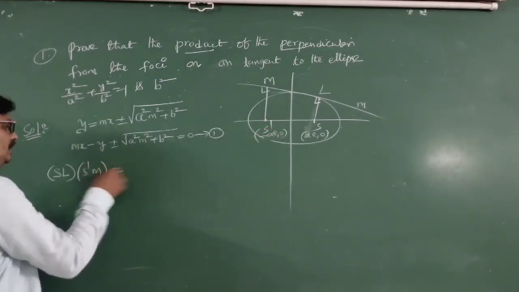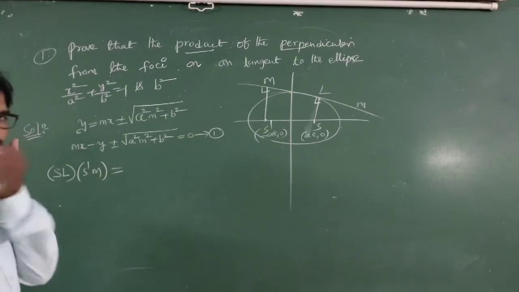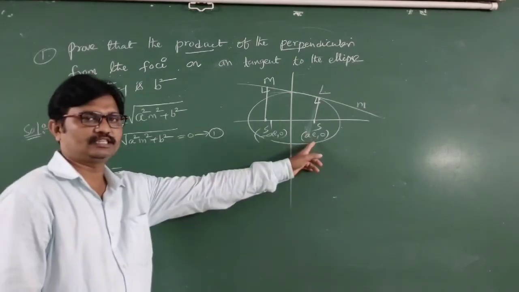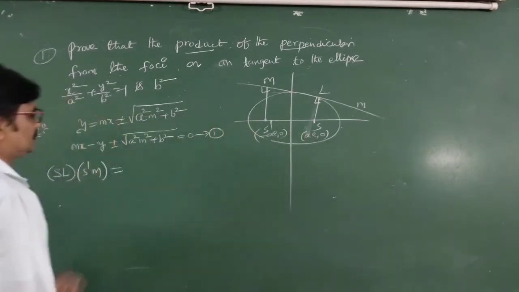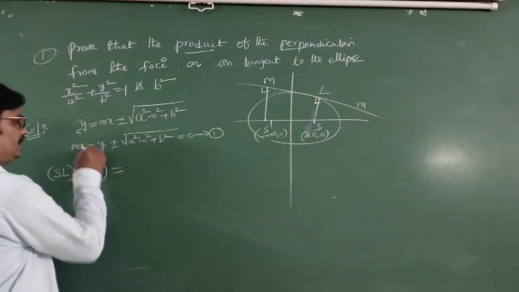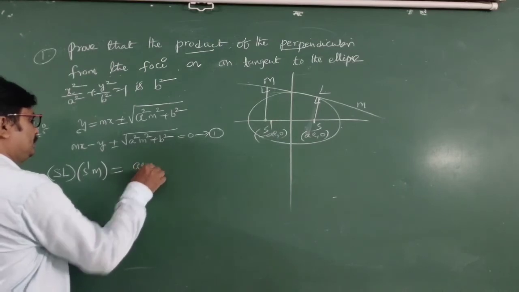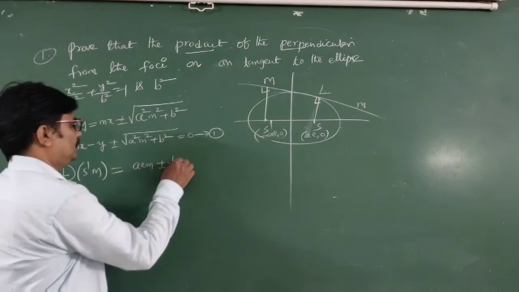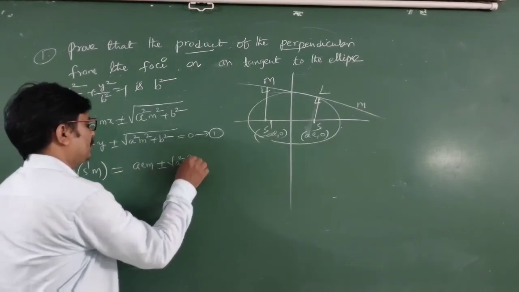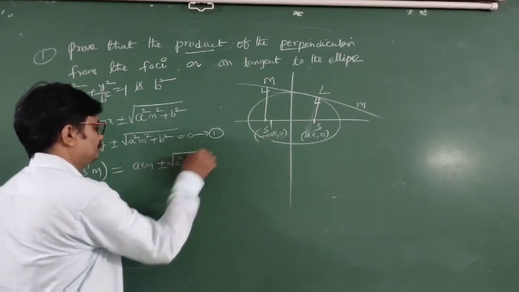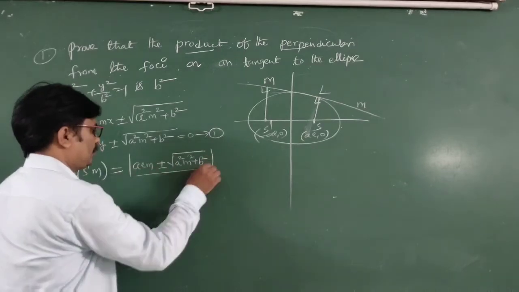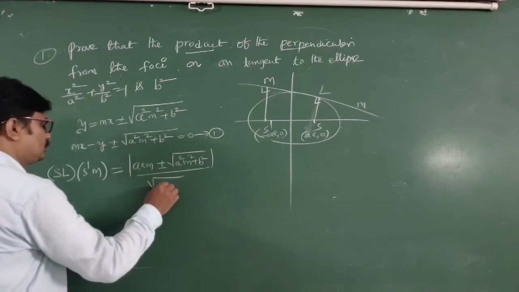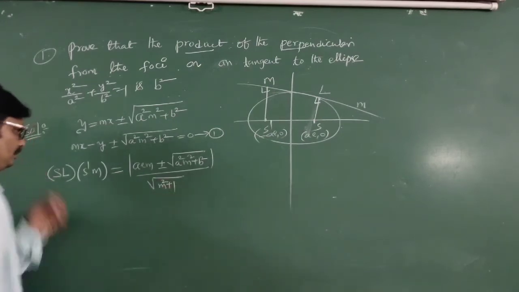So students, for SL we have to find the length of the perpendicular, that means the perpendicular distance from the focus to the tangent. Substituting x as ae, that is aem, y as 0, plus or minus the square root of a square m square plus b square in modulus, upon the square root of m square plus 1.